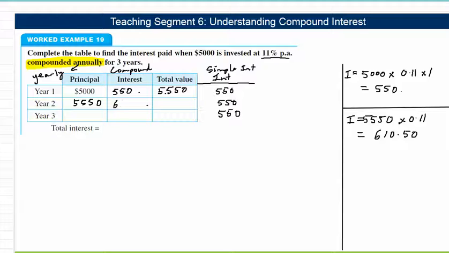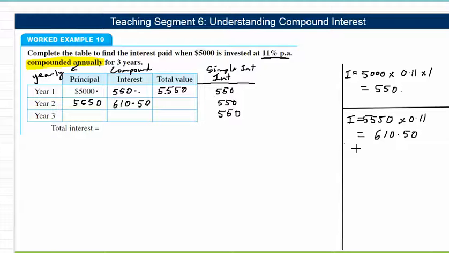And so for the second year, you actually get more interest because you're earning interest on interest. You're earning interest on the original 5,000, and you're also earning interest on the $550 of interest you earned in the first year. So together, we combine them together. So the total value, we just add.